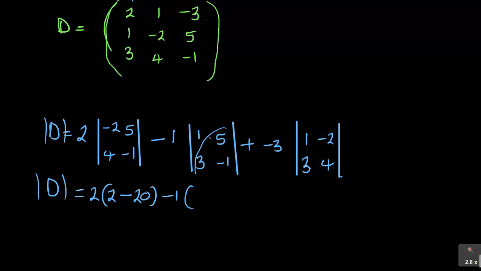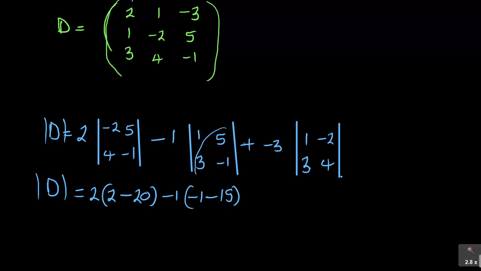Again, I have minus 1 times 5 times 3, which is 15, with a minus in front.